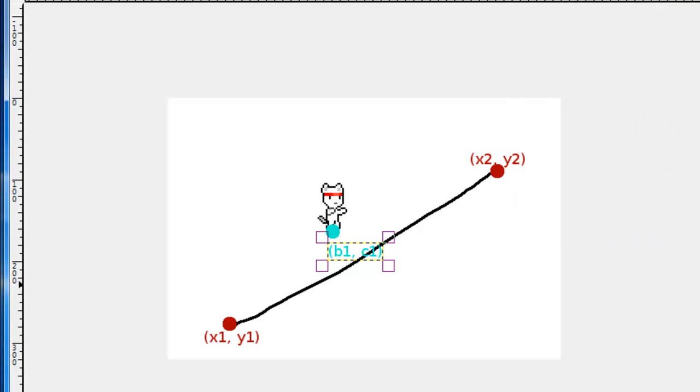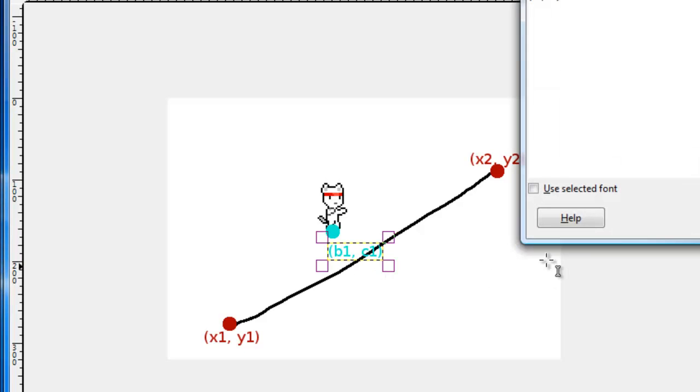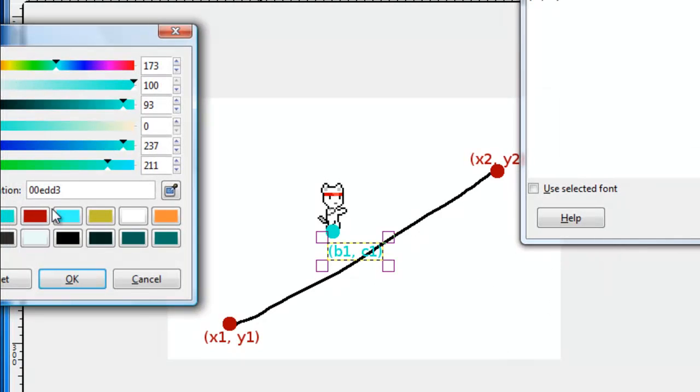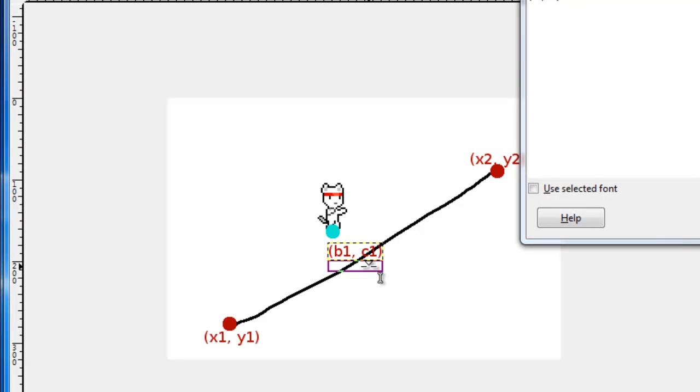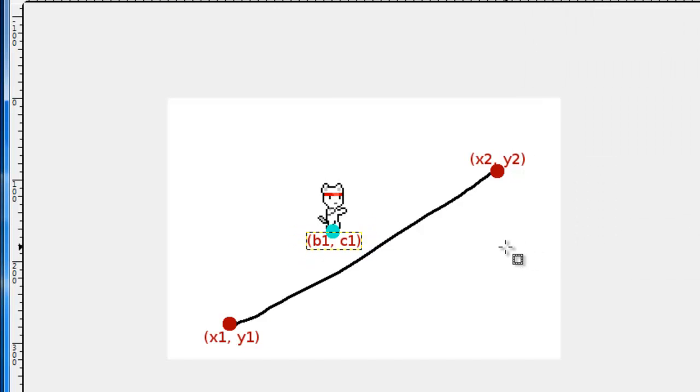I guess we should make the color of the text something else.